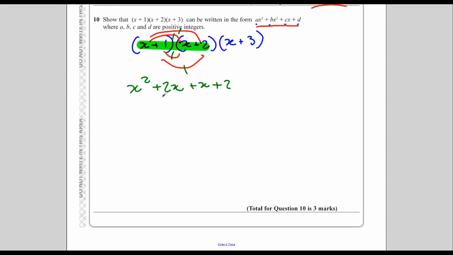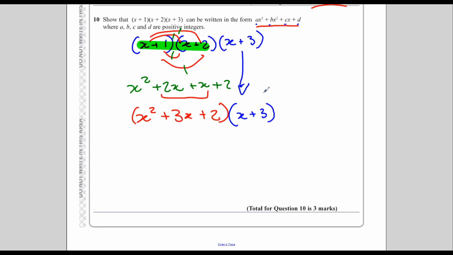So you can add your x's, your like terms. 2x add another x is 3x. So this is actually the first 2 brackets expanded out. We've not touched this third bracket yet, and this is where it gets a bit trickier. We have to now multiply all of this out. So everything in here multiply by everything in here.